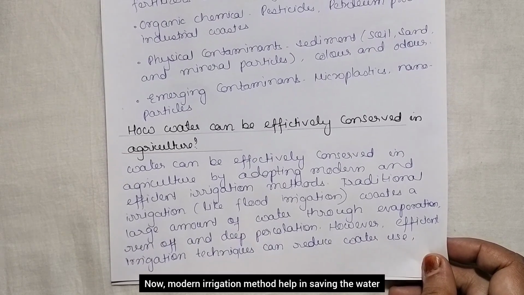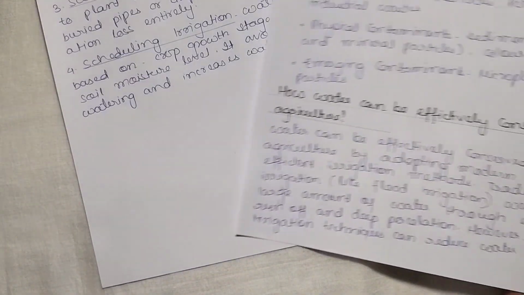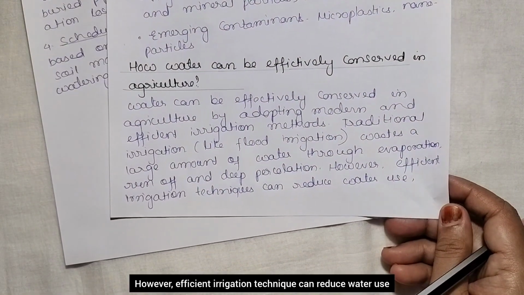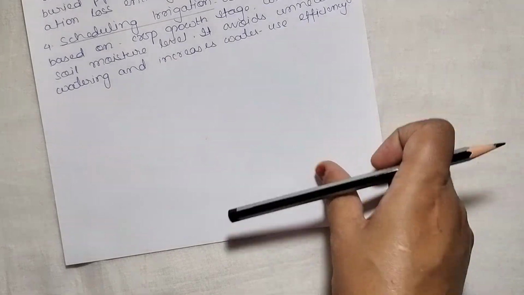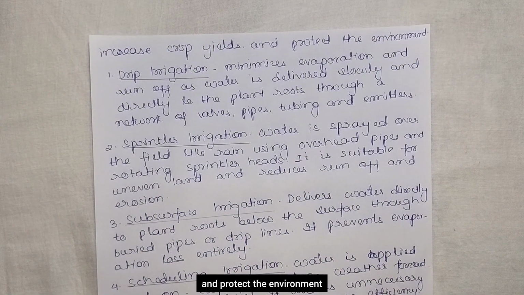Now, modern irrigation methods help in saving water. Efficient irrigation techniques can reduce water use, increase crop yields and protect the environment.